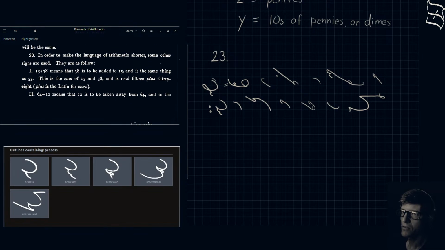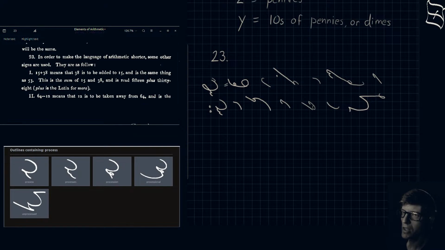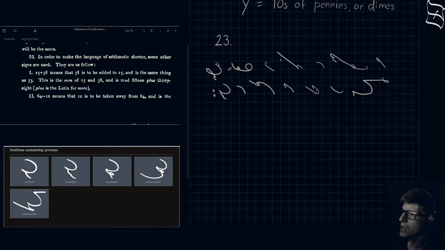In this first one, 15 and 38 means that 38 is being added to 15 and is the same thing as 53. This is the sum of 15 and 38 and is read 15 plus 38. Plus is the Latin word for more. So here we're simply going to lay out the forms.